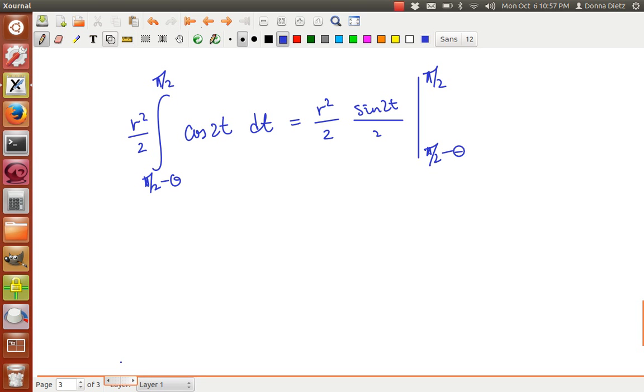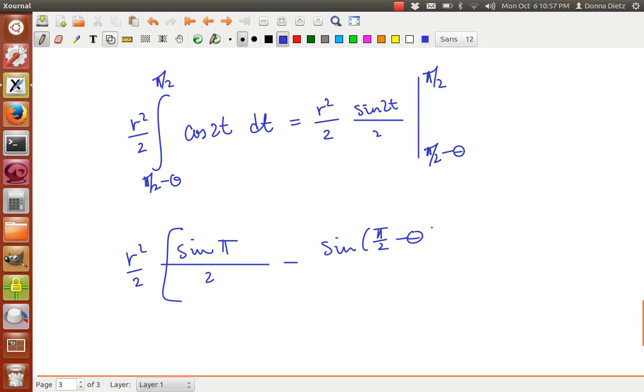Now the first piece we get is really easy, sine of 2t, and then minus sine of 2 times this mess over 2.